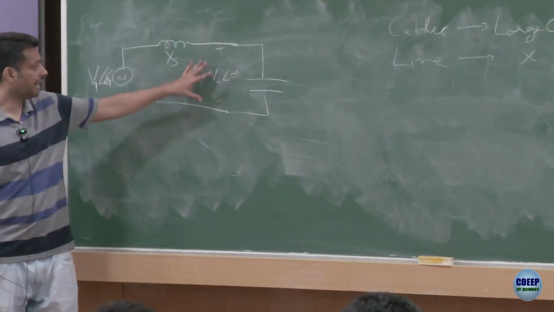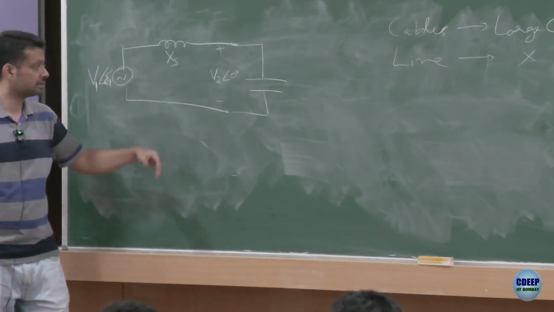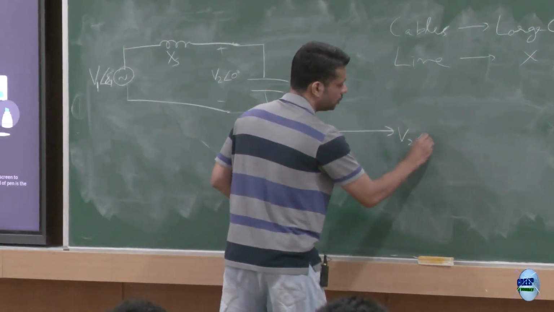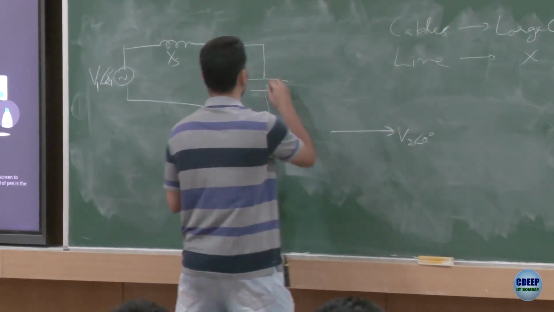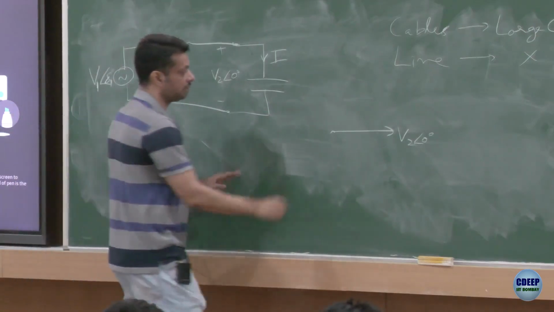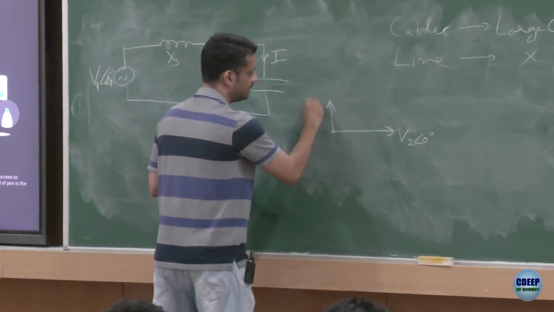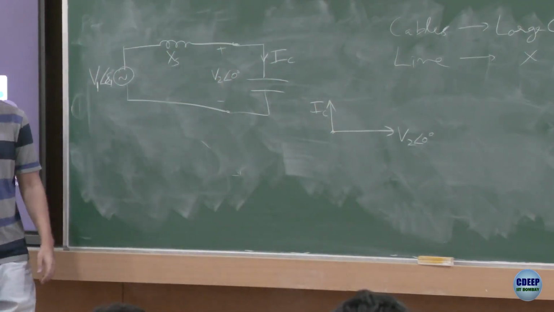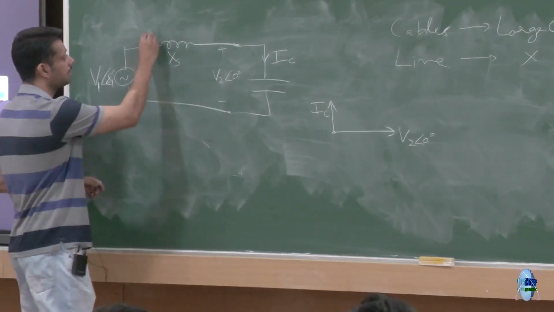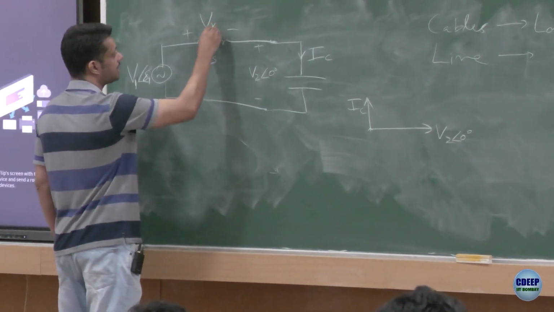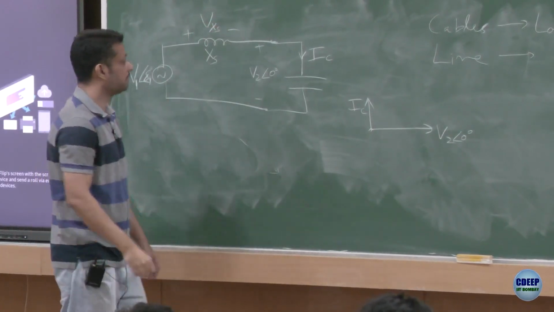Now, we will try to plot the two voltages. So, how would it look if I start with V2 angle 0 as my reference? Then the current that is flowing will be capacitive, so the current will be leading. So my current IC is leading V2 angle 0. And if the current is leading, the voltage across the inductor, which is V of Xs, is further leading.